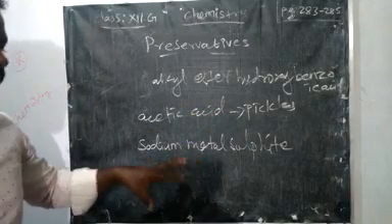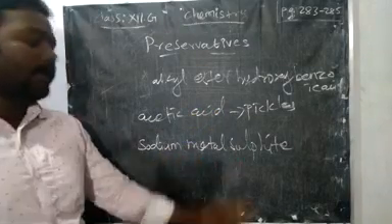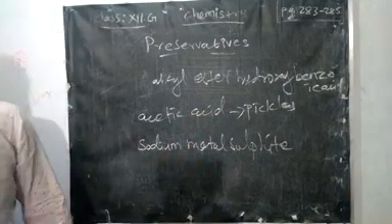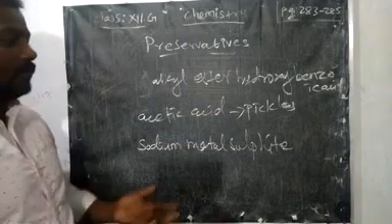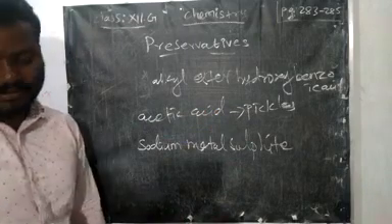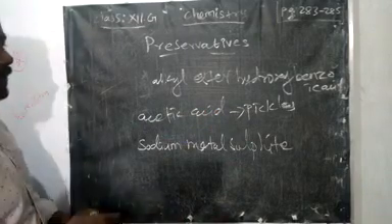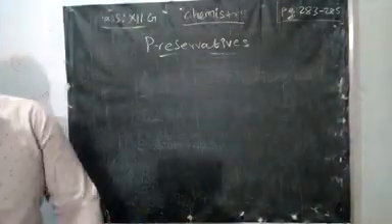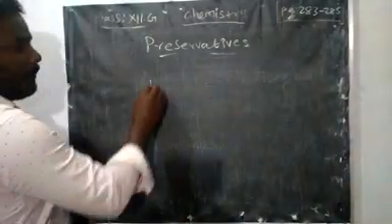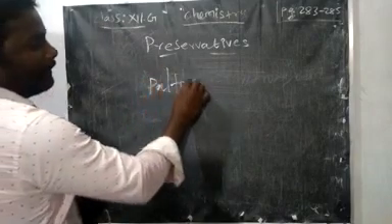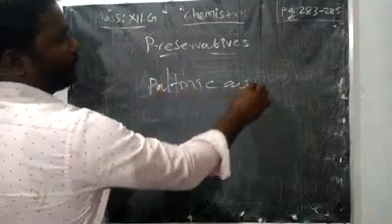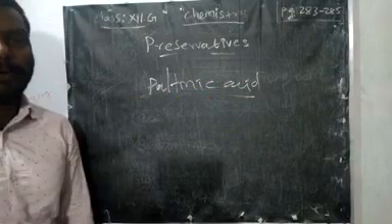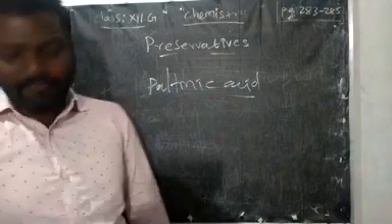If you want to preserve fresh fruits and vegetables, you can use this preservative. And then some sucrose esters. Sucrose we have studied in biomolecules itself. The ester of sucrose with palmitic acid is also one of the important preservatives of food.